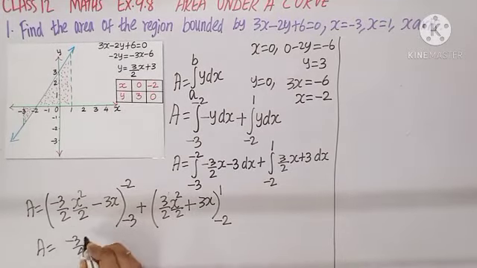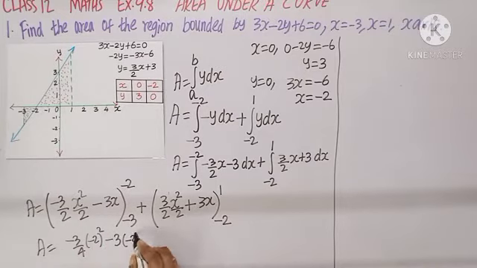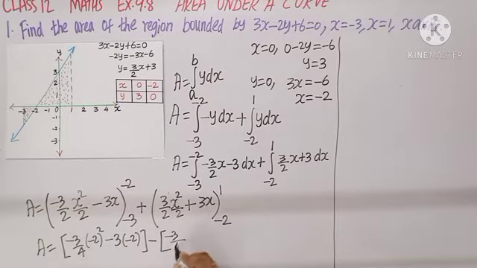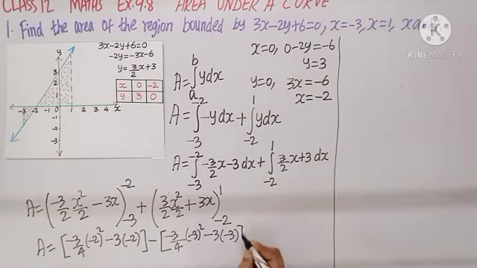x square is minus 2 the whole square. Minus 3 into minus 2. Upper limit minus lower limit. Wherever x is coming, put minus 3. Minus 3 by 4, x square is minus 3 the whole square, minus 3 into minus 3.